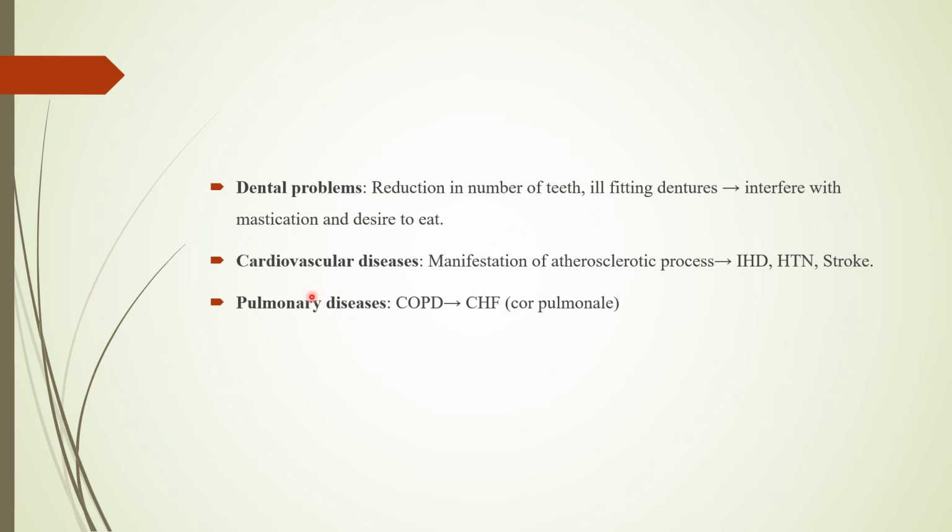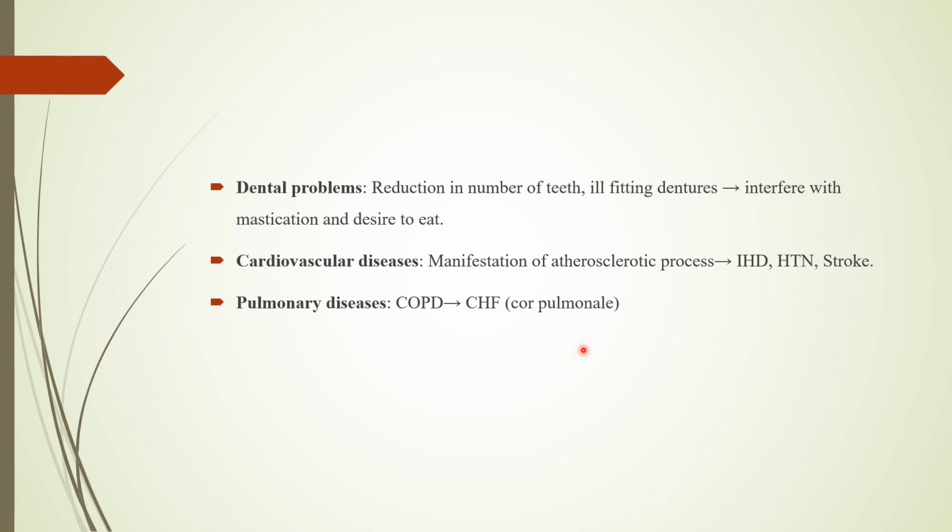Then they also suffer from cardiovascular diseases, a manifestation of the arteriosclerotic process that mainly appears in the later age group. For example, they are prone to stroke, hypertension, and ischemic heart disease related problems.